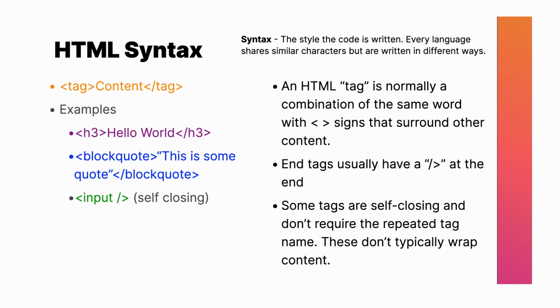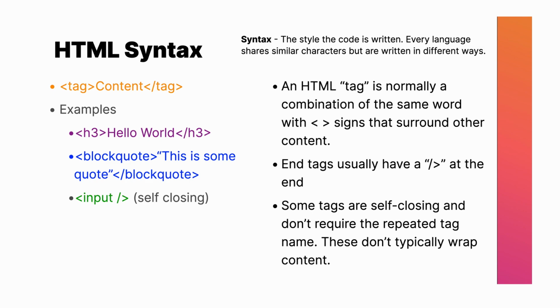The syntax is something to get used to. If you're not used to it, most HTML tags have, like I said, the greater than or less than signs, and then some have just an opening self-closing tag, as you can see on the green input down there on the last bullet point. Those essentially don't wrap content.